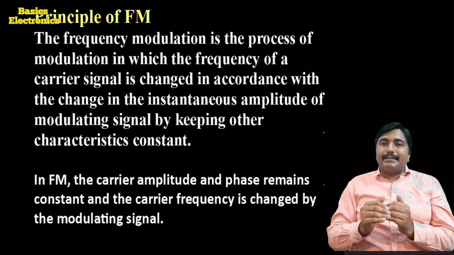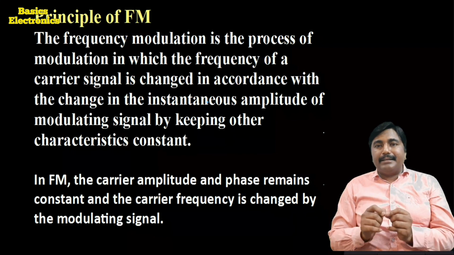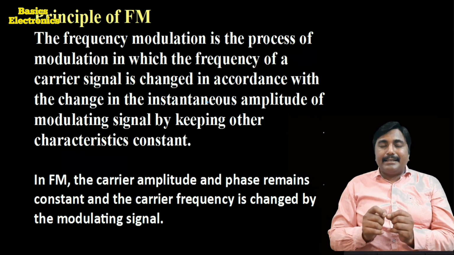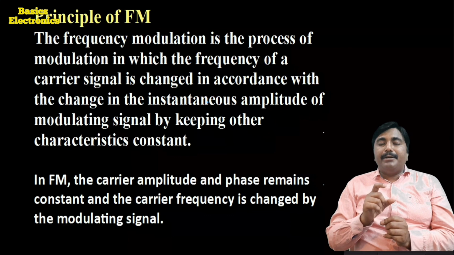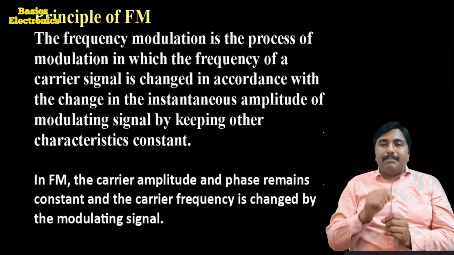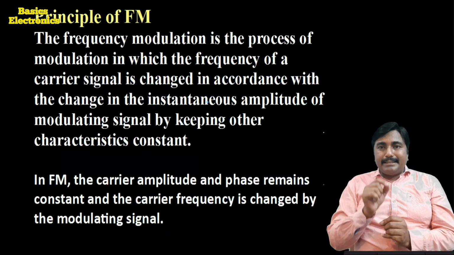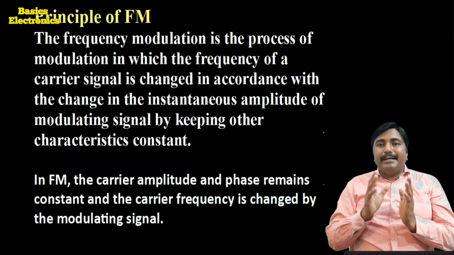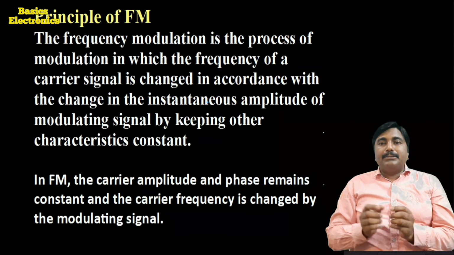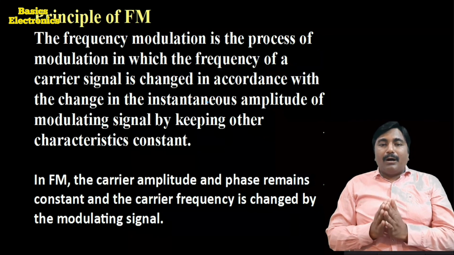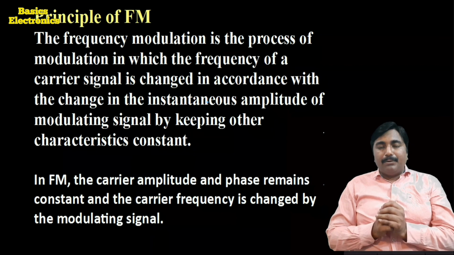So as there is a change in the amplitude of the modulating signal, there is a change in the frequency. The change in the frequency from the center frequency to the maximum, or from the center frequency to the minimum, is what we call the frequency deviation. Okay, so this is all about frequency modulation.